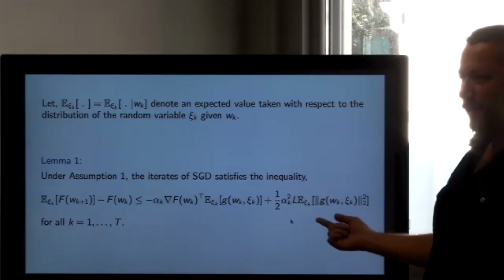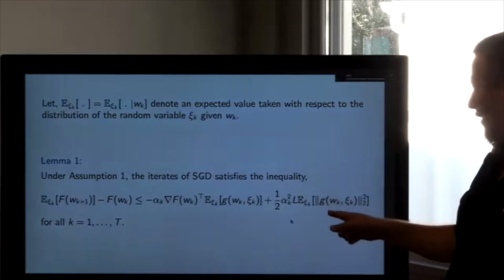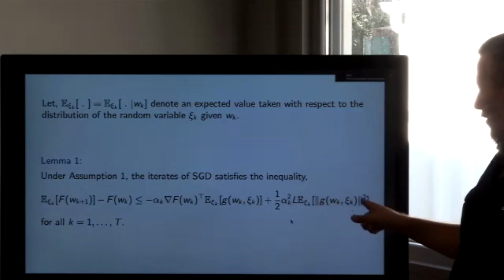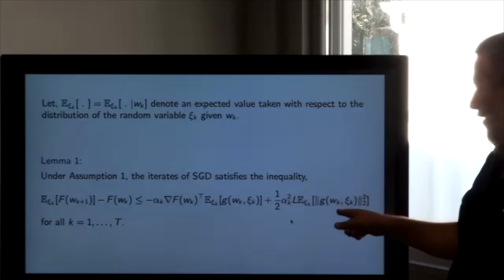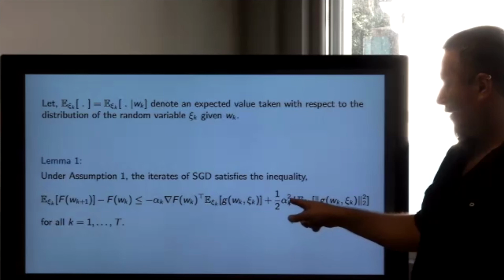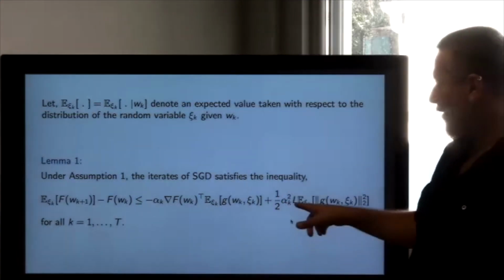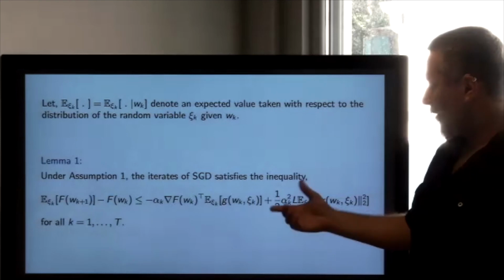The second term is always positive, right? It's the expected value of the norm squared of g plus a positive constant L, times alpha k squared, and alpha k is, we assume, positive, but it's already squared, times 1 over 2. So this is positive.